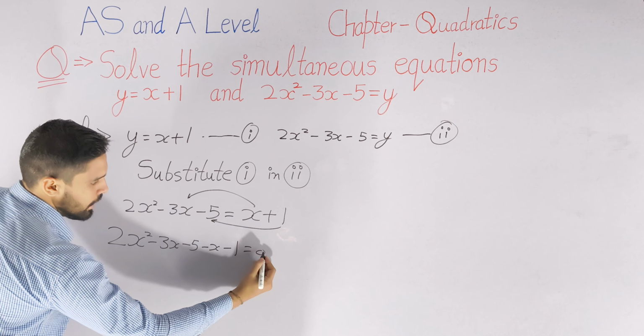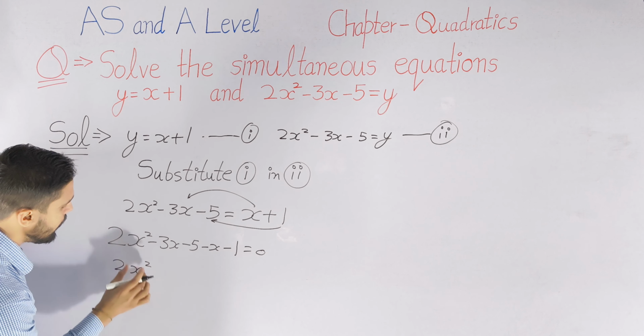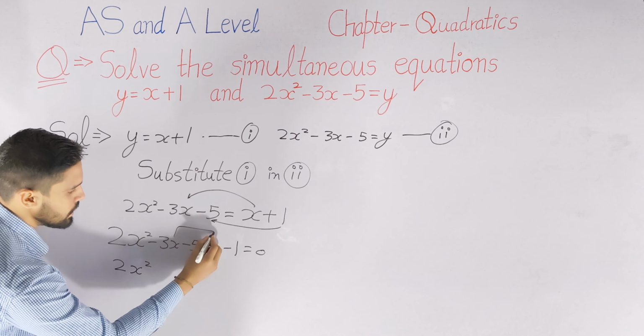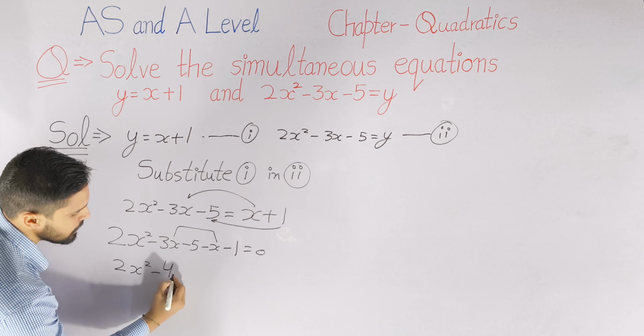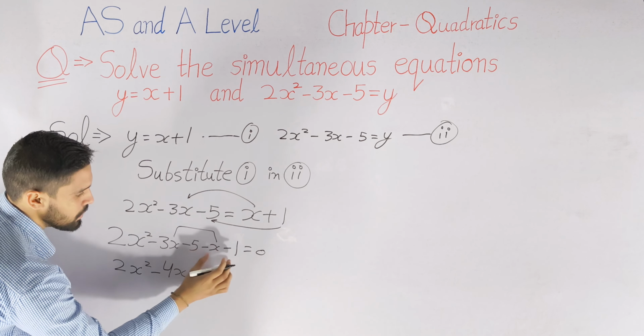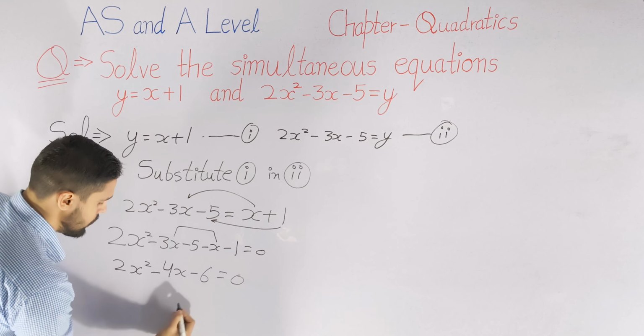And we get 0 here as it is, because we have nothing there. Now we write 2x square, and minus 3x minus x becomes minus 4x, and minus 5 and minus 1 becomes minus 6 is equal to 0.